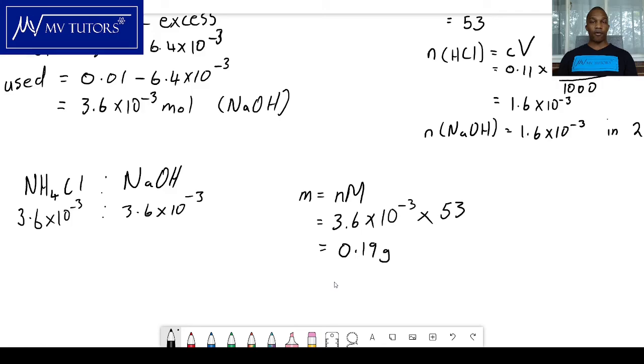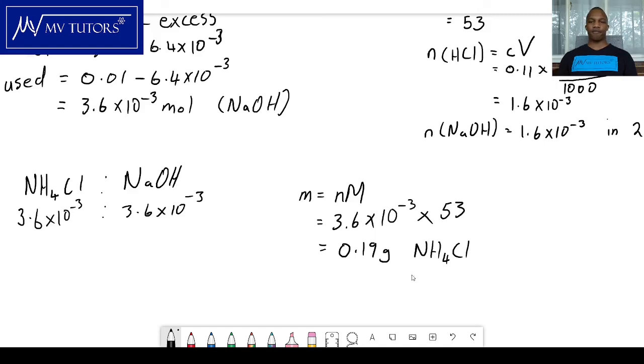Okay, now this last part is very critical. This is 0.19 grams of what? Of the ammonium chloride.